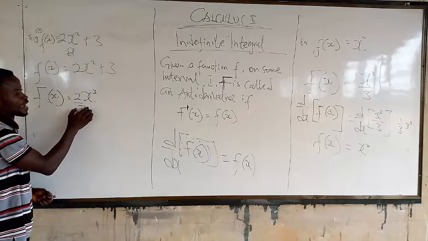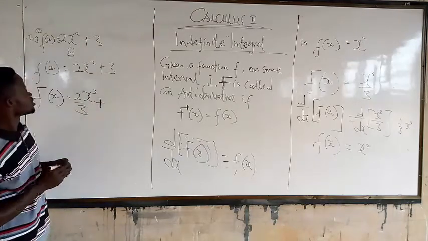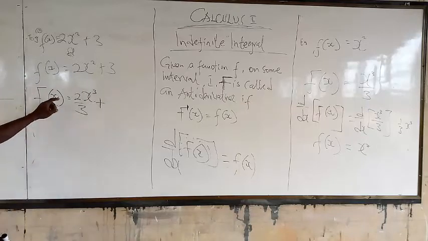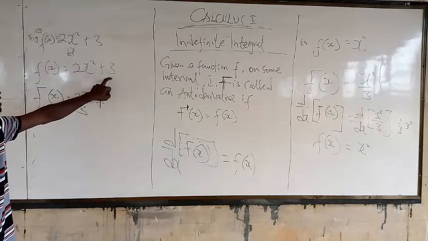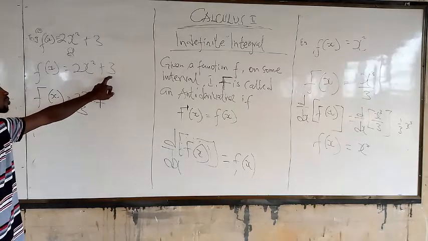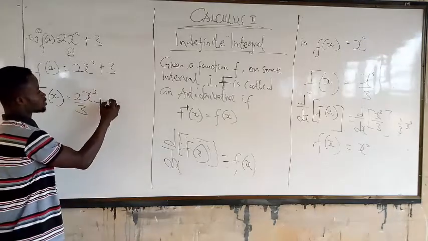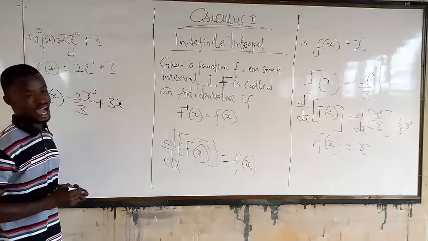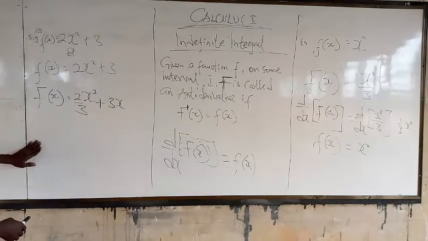The result, divide by 3. Plus, now, anytime when you integrate 3, what will you get? You are going to get 3s. We will think about that, but I just want to project you something.